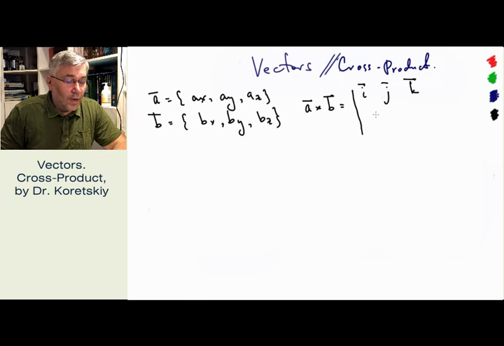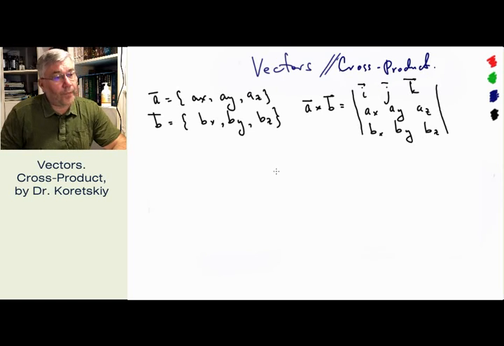The second row consists of the components of vector a, and the last row consists of the elements of vector b. So the first row consists of vectors, and the second and third of numbers.